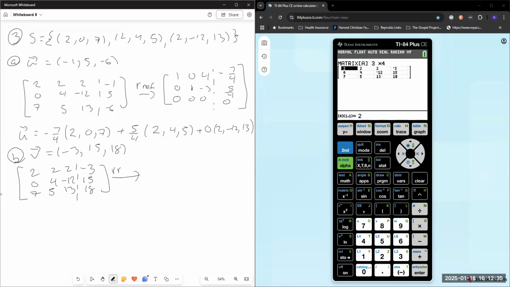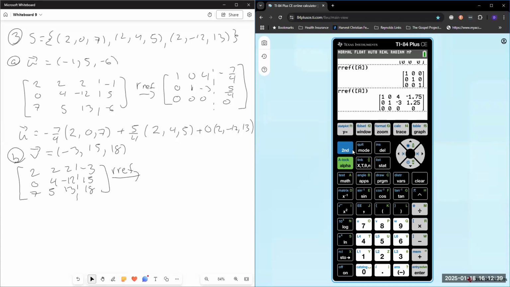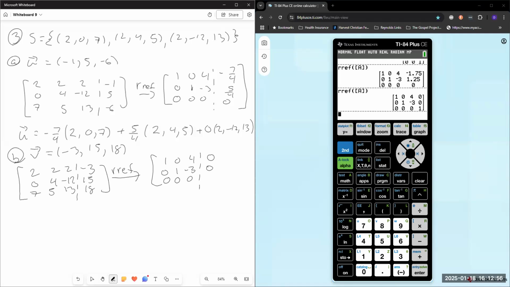We're going to RREF that. Second matrix F. That gives me 1, 0, 4, 0, 0, 1, -3, 0, 0, 0, 0, 1.